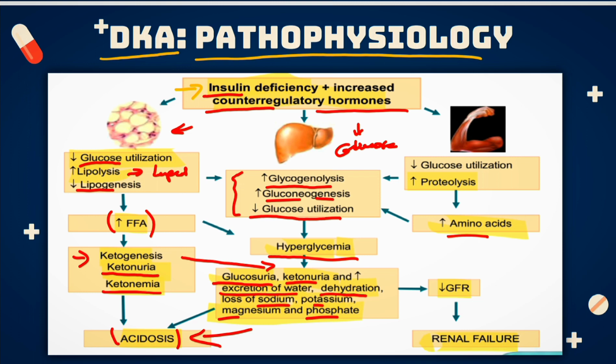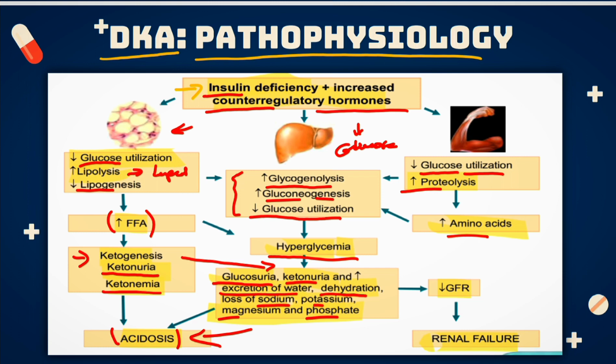Let's see what changes there are in the muscles. In muscles also there is decreased utilization of glucose, as well as increased proteolysis. Proteolysis means the protein present in the muscles is getting destroyed, and this causes generation of amino acids, because protein is made up of amino acids.